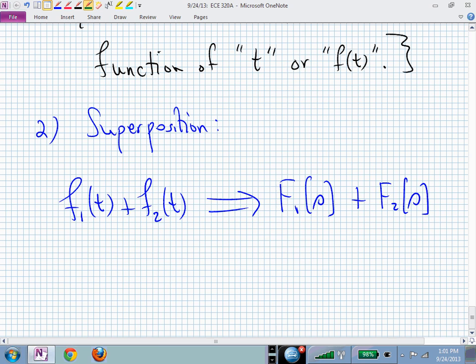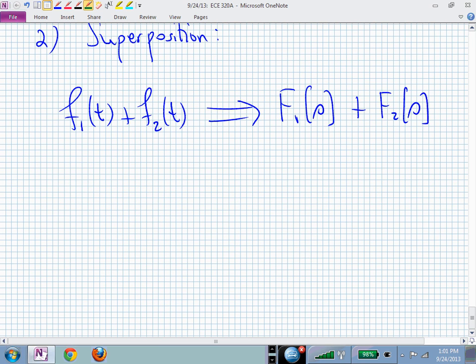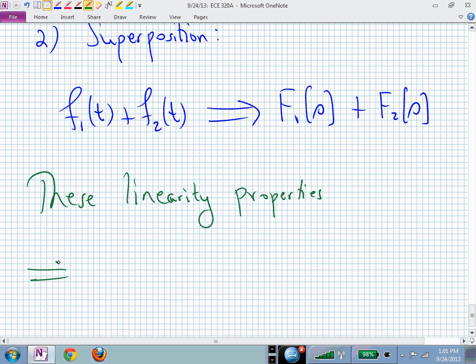These two properties are great. You can just feel that, can't you? Well, they allow us now to analyze all sorts of circuits with the Laplace transform. These linearity properties, that's what these are, homogeneity and superposition, allow us to look at each of these circuit elements that we'll be playing with separately and then put them all together like we're used to putting them together.